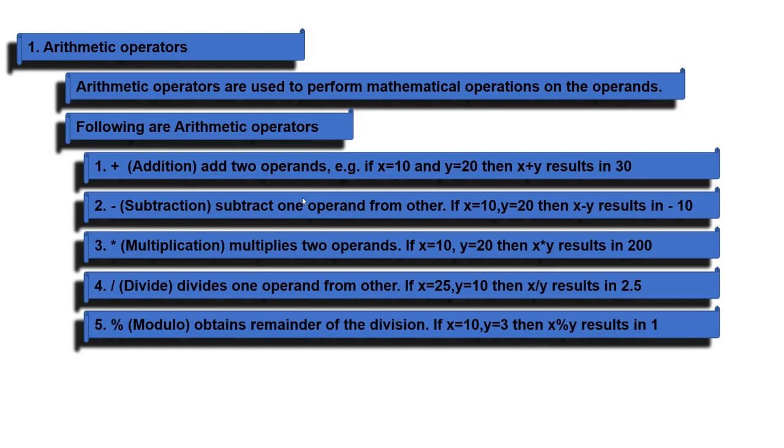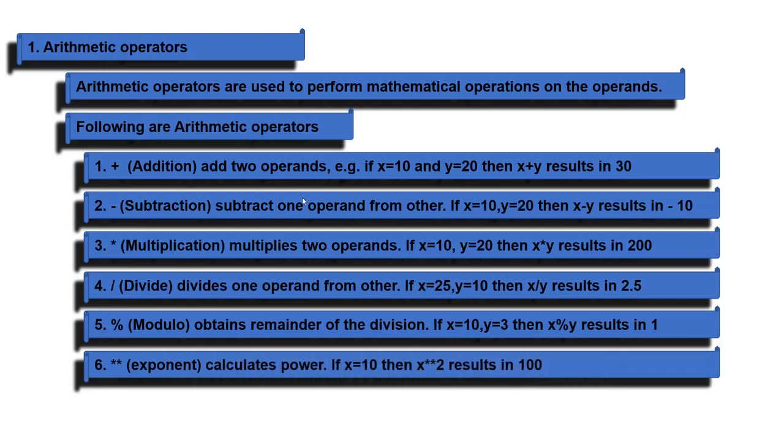The modulo operator obtains the remainder of the division operation. If x is equal to 10, y is equal to 3, then x percent y will result in 1. The 1 is obtained as a remainder when you divide 10 by 3.